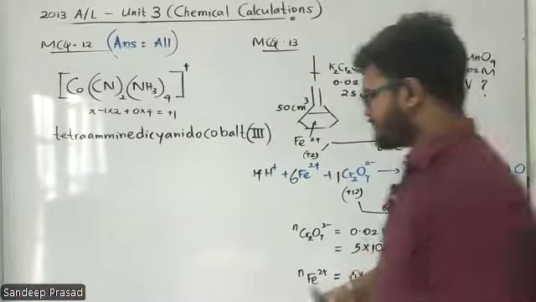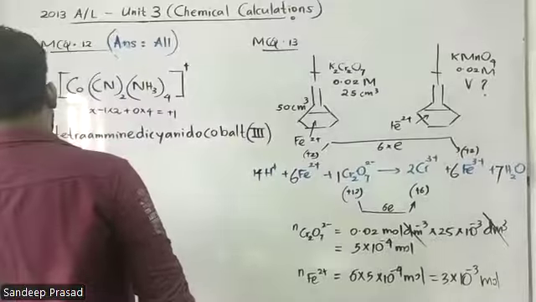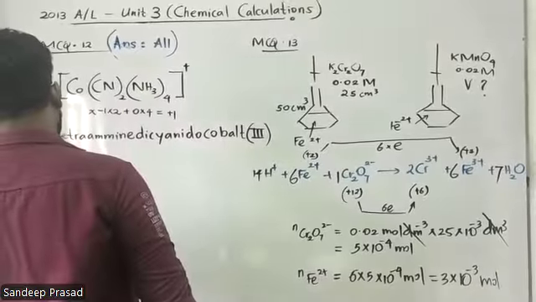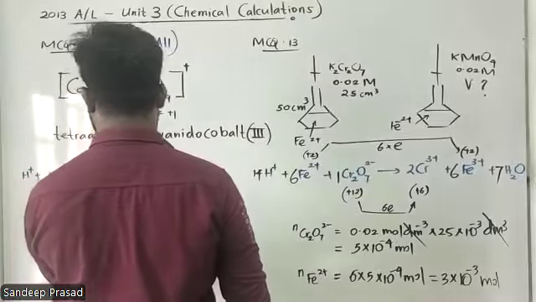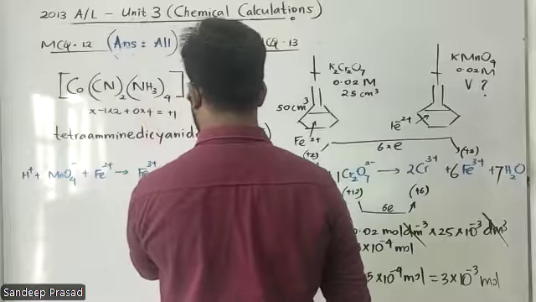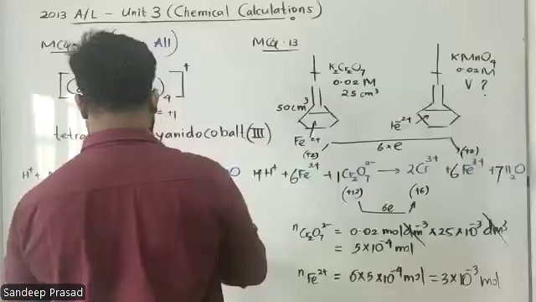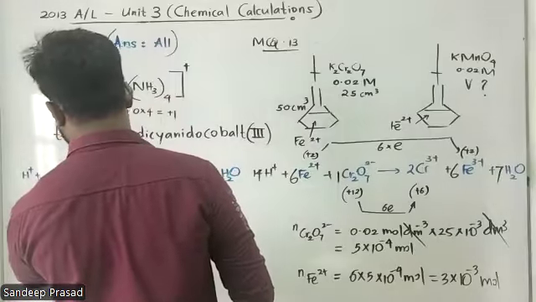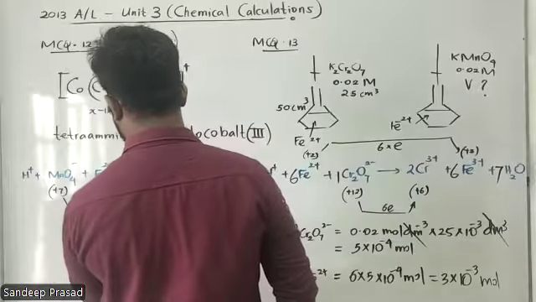Then write the balanced reaction between permanganate and Fe2+ in acidified medium, producing Fe3+. Permanganate is going to convert into Mn2+, and here plus water. So therefore, here we can say that manganese plus 7 to plus 2, decrement is 5.